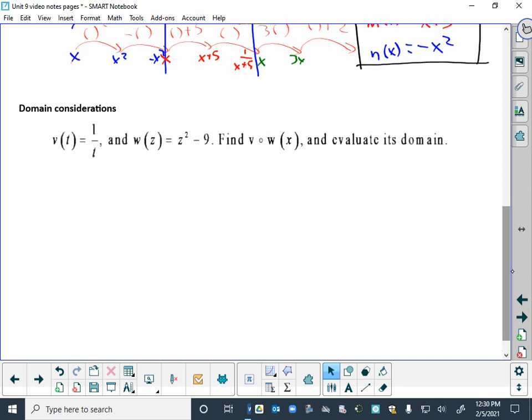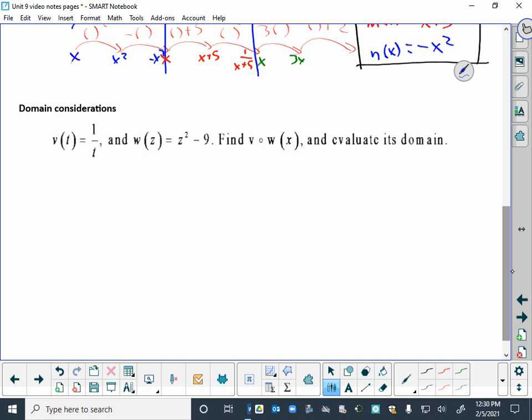So the domain considerations here, we know that v of t has a domain where t cannot be equal to 0. And then I've got a w of z, which this function notation just tells me what the variable is in the rule. This is z squared minus 9. And I want to find v circle w of x.